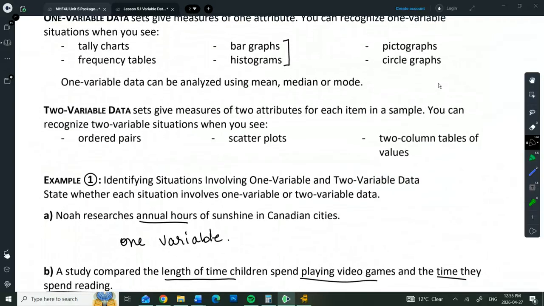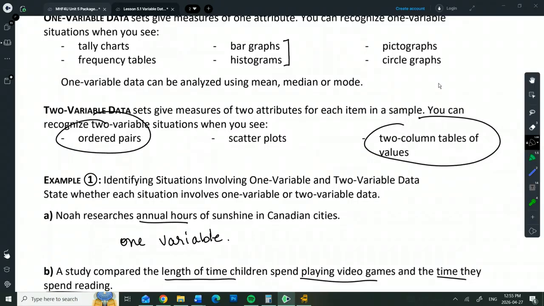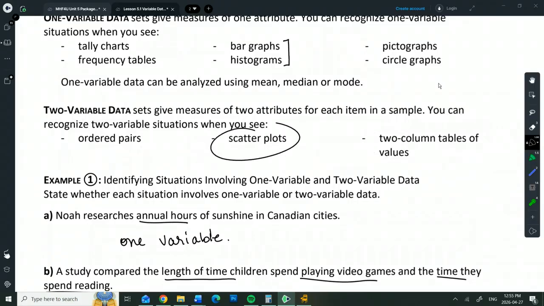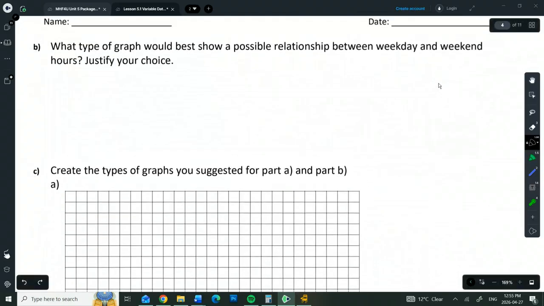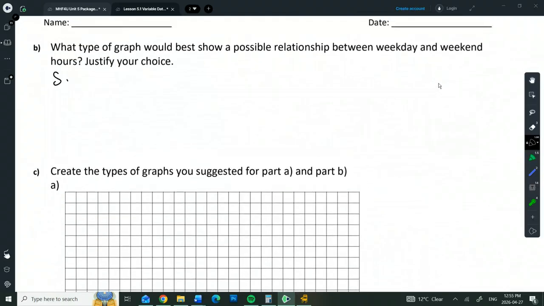So the only option here is like you have table of values and ordered pairs, which are not graphs. And then we have the scatter plot option. So that's going to be our only option for that one. Okay, so we're going to use a scatter plot. And we're going to say scatter plot is best for two variable data like this.